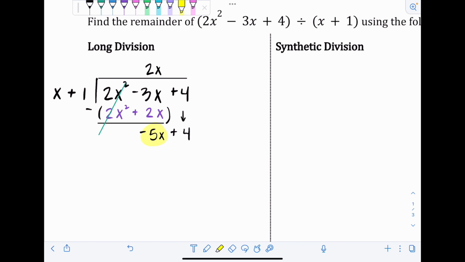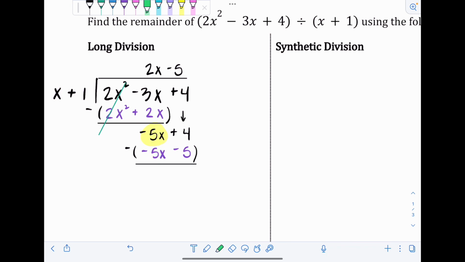I do negative 5x divided by x, which is negative 5. Now that I have a new term on top, I multiply it back through: negative 5 times x is negative 5x, and negative 5 times 1 is negative 5. Then I subtract.